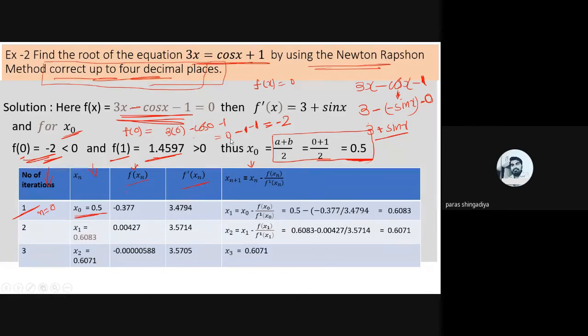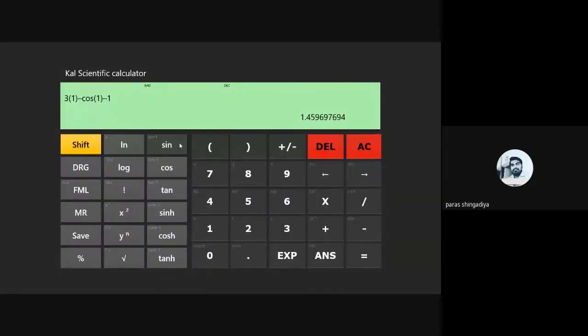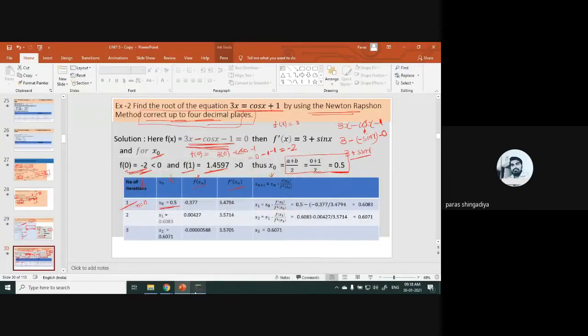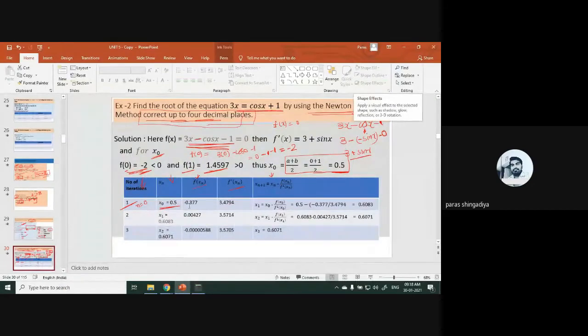So f of 0.5 will be 3 of 0.5 minus cos of 0.5 minus 1. Just check the answer in your calculator. You will get the answer minus 0.377582. So this is the value of the function output, and replace it here, that is minus 0.377.